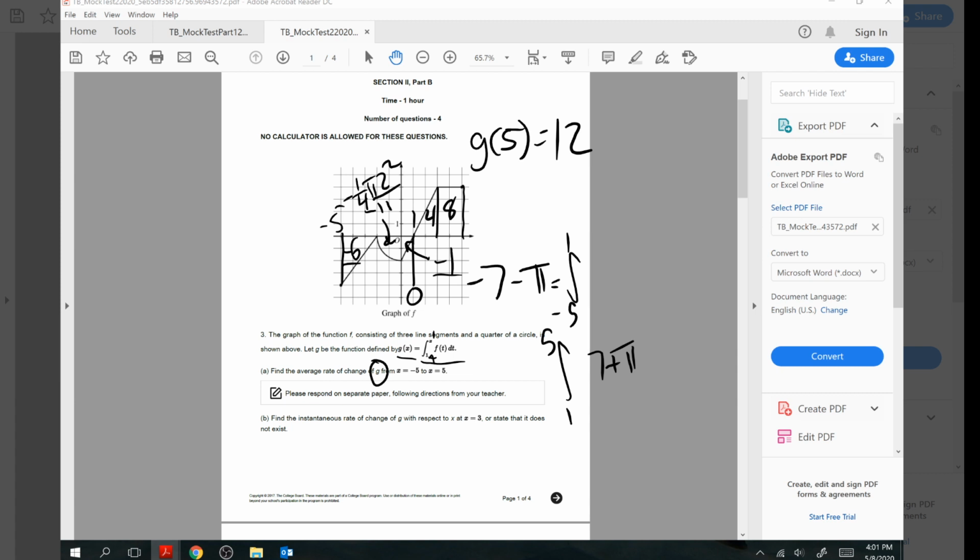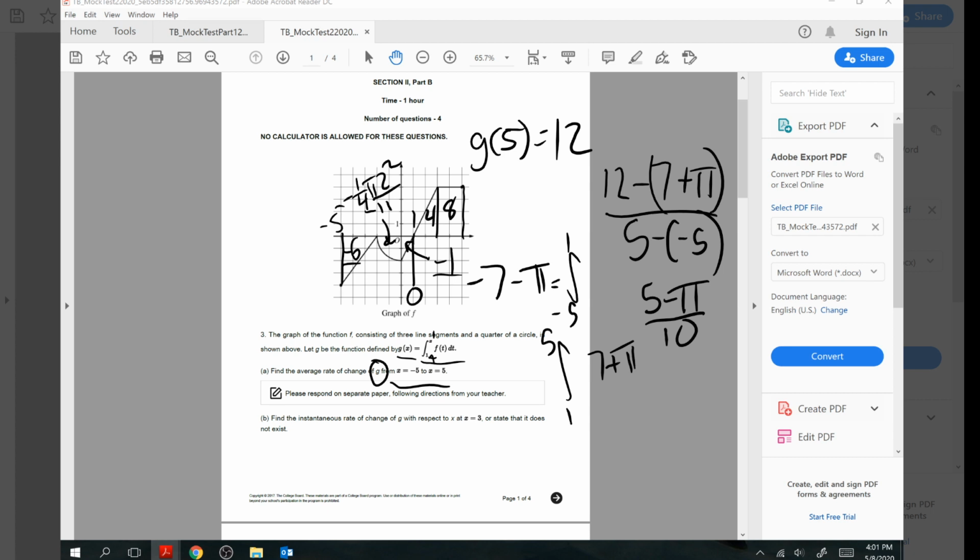Now all we do is find the average rate of change: y2 minus y1 over x2 minus x1, like so. Almost everybody got the bottom of this right. It was the top where things were not good. If you do this, you get 5 minus pi over 10, or about 0.18 something.